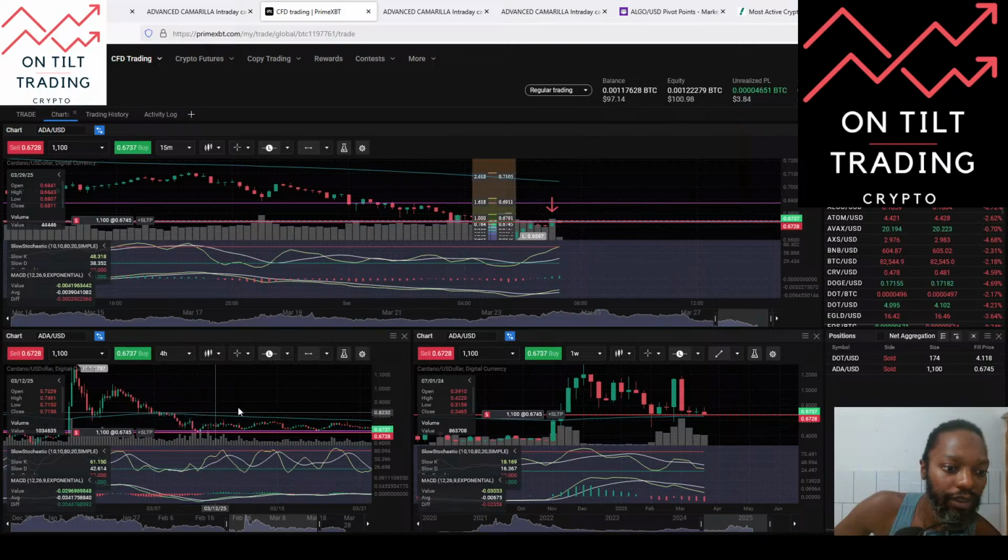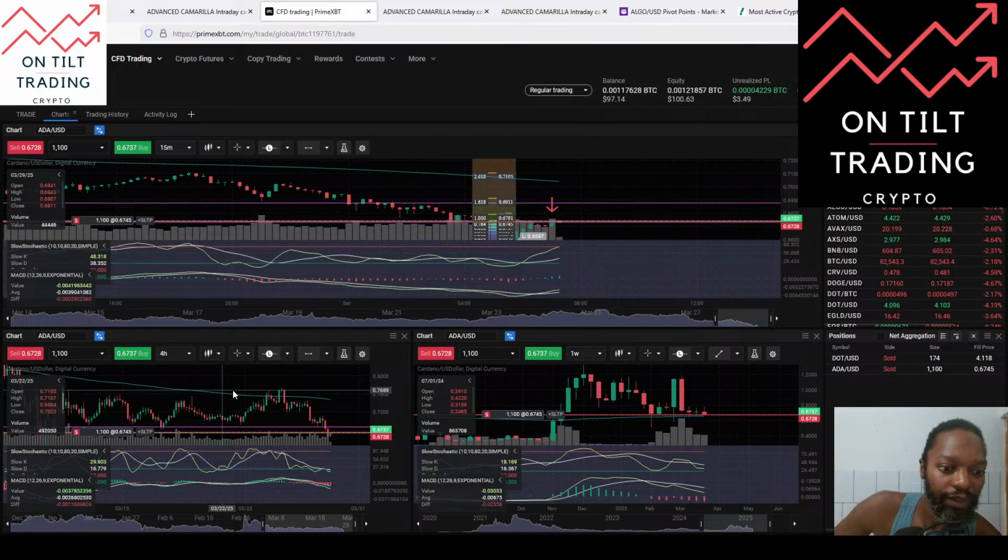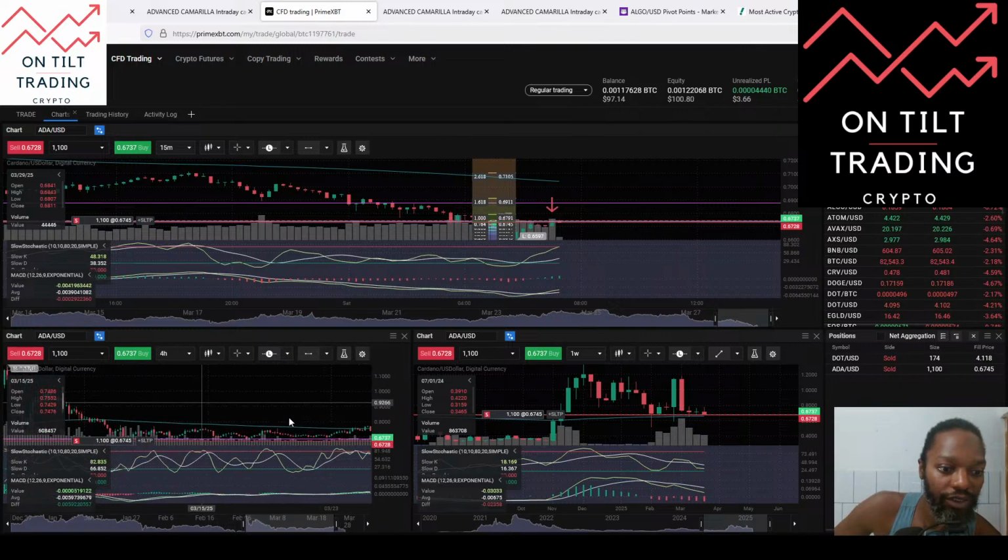This would have been the last, actually I'm not sure when the last strong low was, because to me this looks like a lot of consolidation here on this larger time frame on the 4-hour. And this morning I did not go through it to try to decipher what is what in this consolidation, but this is quite a long consolidation here, quite a range that Cardano is trading in.